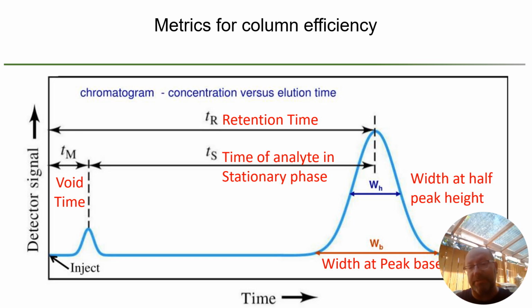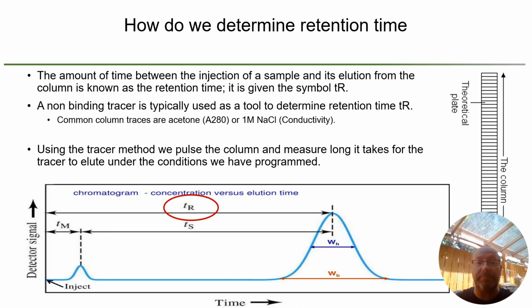That's the space that's in the tubing before it hits the resin. And then this is the time of the analyte in the mobile phase. But for today's lecture and for the exercise that we did in lab, and what you're going to need to know for our upcoming quiz, retention time and width at the peak base are the most important.